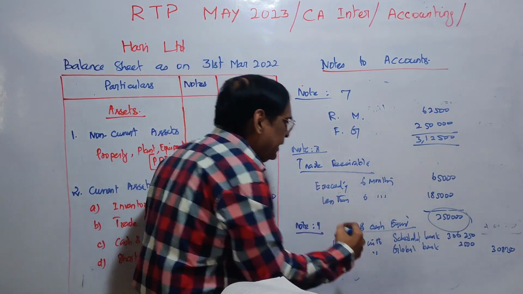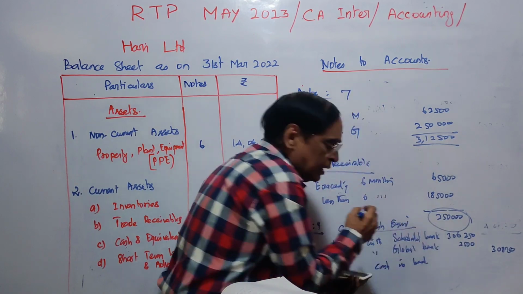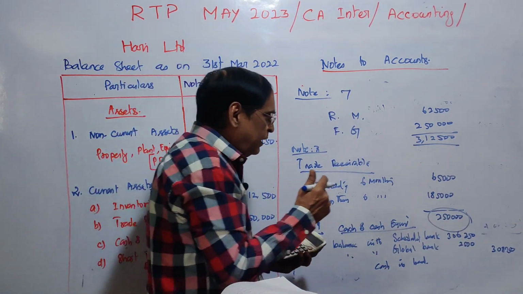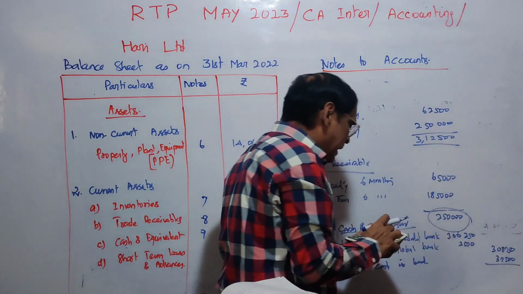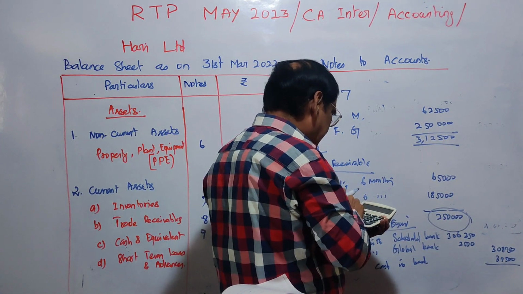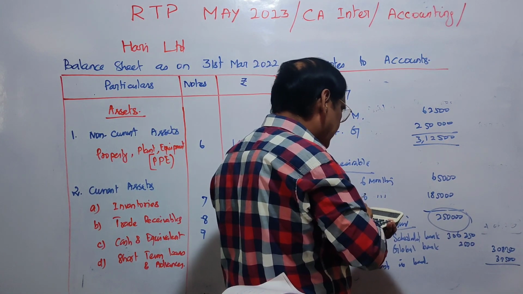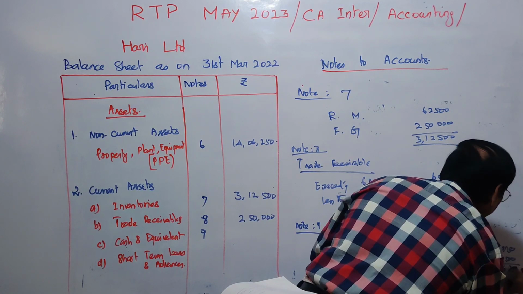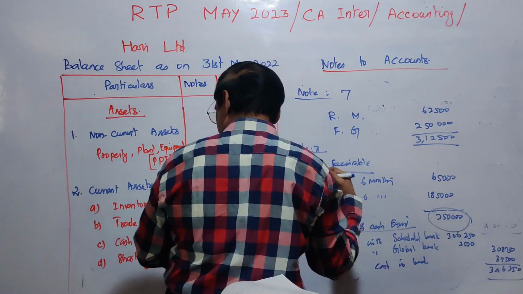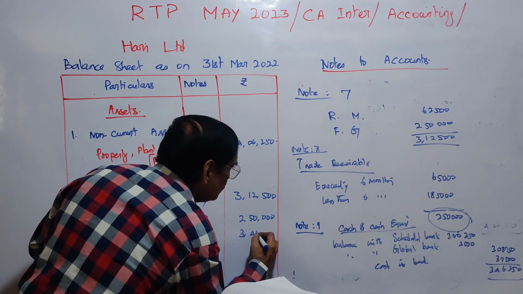Cash in hand is 37,500. So the cash and cash equivalent balance should be 3,08,750 plus 37,500, that is 3,46,250. It should come here.